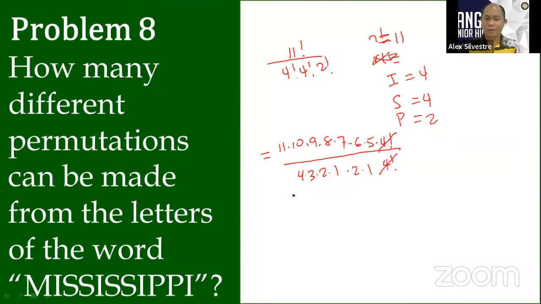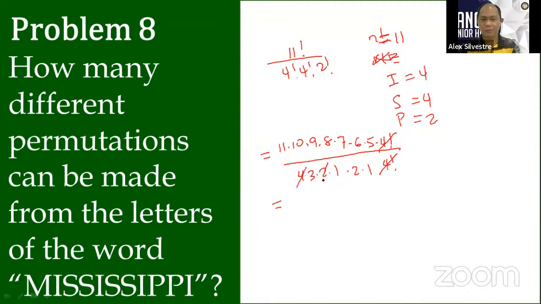Yung iba sa inyo, nag-multiply na sila, nag-input na sila doon sa ating chat box ng kanilang mga sagot. Okay, ngayon, tingnan natin kung sino ang maingat sa pagmo-multiply, kung ano ang magiging kasagutan nila. Tingnan natin kung mayroong nakakuha dyan sa chat box afterward. Ngayon, dito, more on cancellation para mas mapadali. So, pwedeng itong 4, we can cancel, tingnan nyo kung saan yung common na pwede kayo mag-cancel.